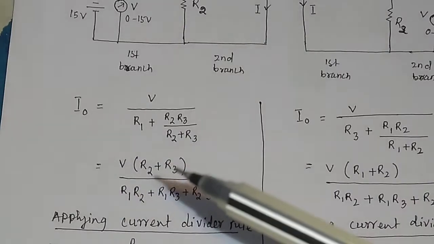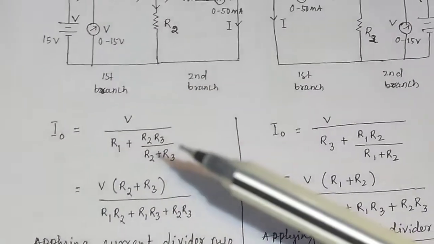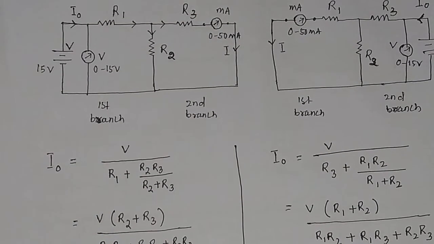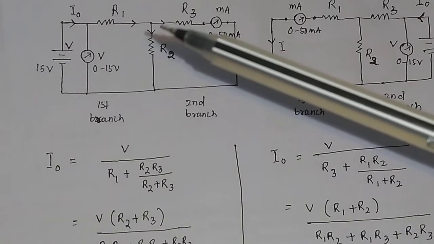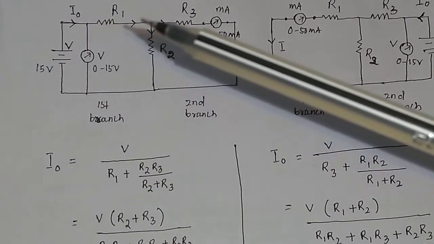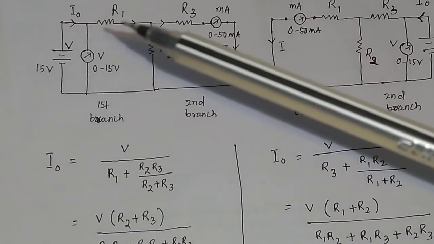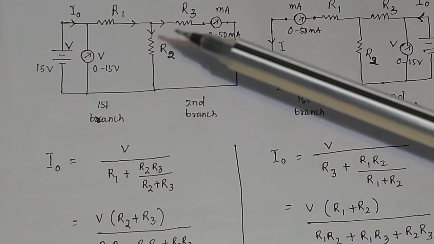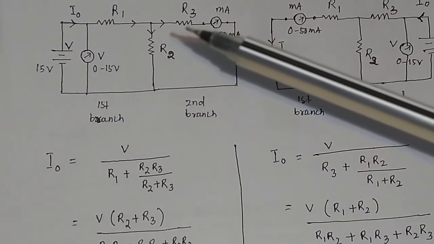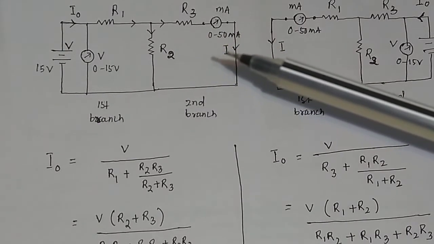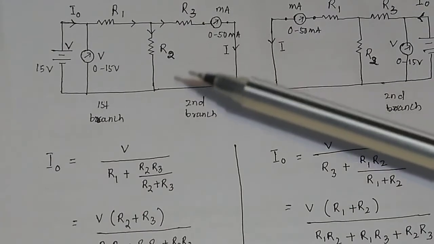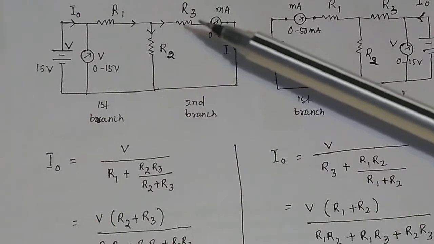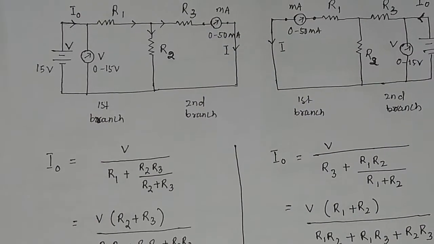Now you apply the current division rule. In the previous video, I have discussed the current division rule. Using this rule, the total current I0 will divide through R2 and R3. But here we want to find out the current I, so we will only use the formula to find out the current through this resistor R3.